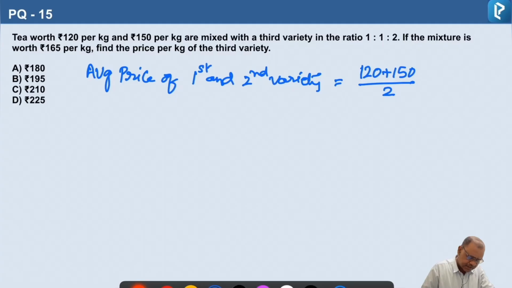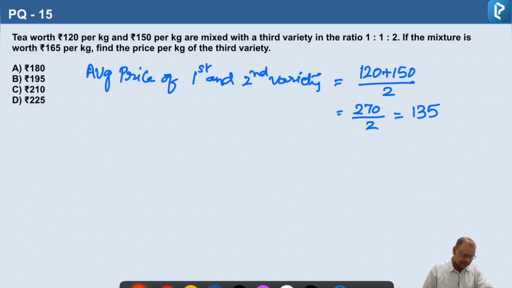So that is 270 by 2, that is 135. So this is the average price of the first and second variety. And we have one part first variety, one part second variety. So when you combine, it becomes total 2 parts. And the third variety is also 2 parts.